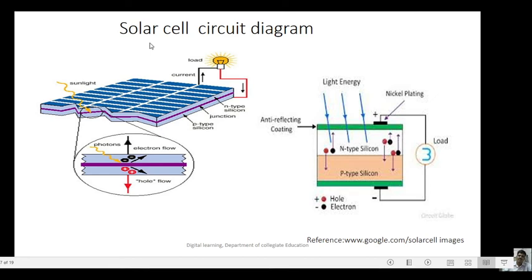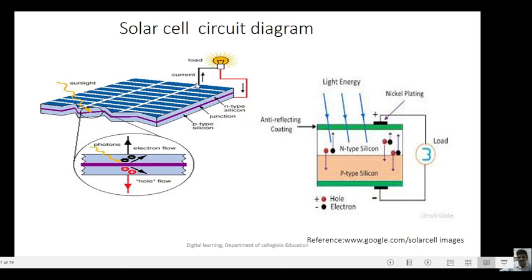Here the two diagrams represent the solar cell. Again, the material absorbs the sunlight, and the blue line indicates the flow of electron-hole pairs along the material. Here are the p-type silicon and n-type silicon. The p-type silicon is at the base level, and the n-type silicon is on the upper side.